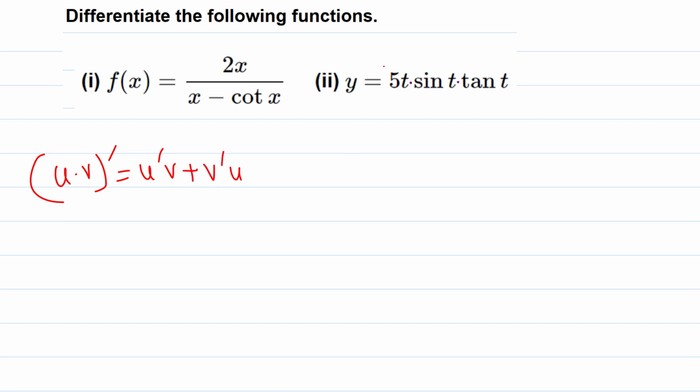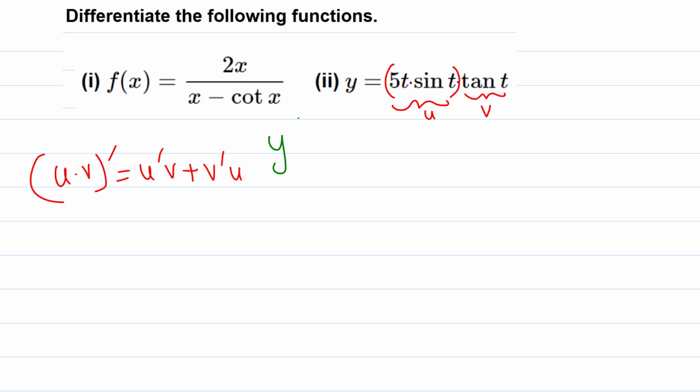So we can do this, and we can just take 5t sine t as u, and tangent t as v. This is u, v. Or you can say sine t tangent t as v and 5t as u. That works as well. And apply this product rule.